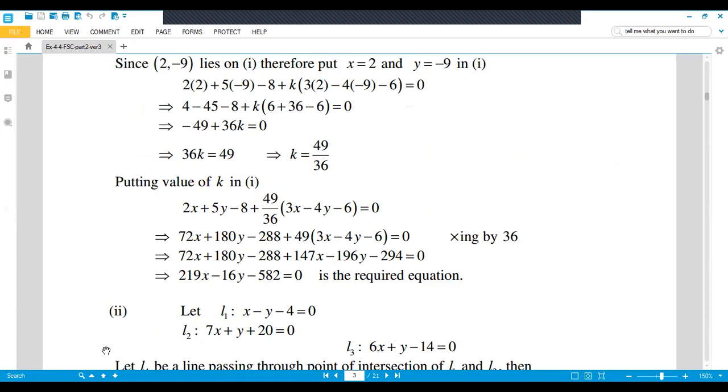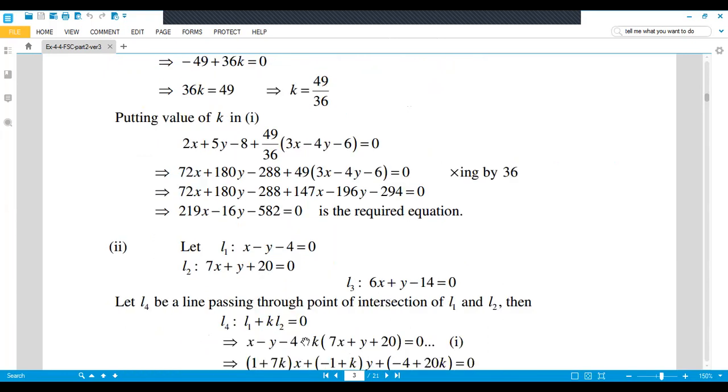L1 is x minus y minus 4. L2 is 7x plus y plus 20 equal to 0. L3 is 6x plus y minus 14 equal to 0.